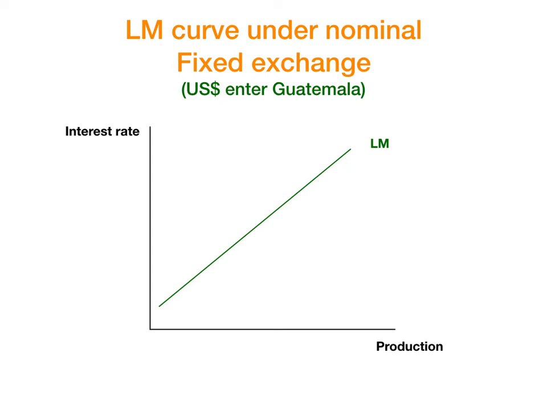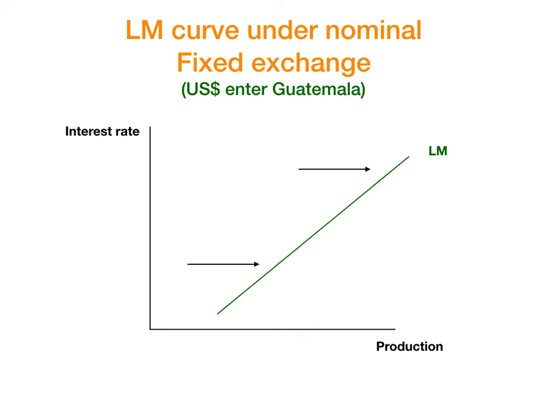Nowadays in many stores you can use dollars, but this model was developed in the 1960s, when the dollar was less prevalent as a currency in these countries. So you bring the dollars, the central bank buys dollars and gives you quetzales in exchange. When it gives you quetzales, the amount of quetzales in the economy increases. So there is an increase in the money supply, and as a consequence you see a shift to the right of the LM curve.